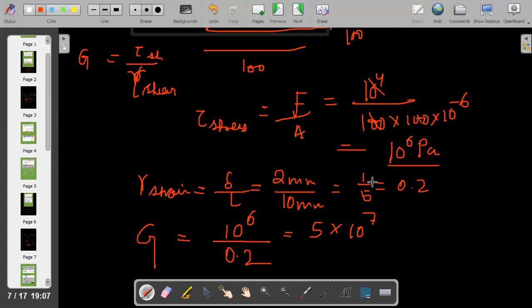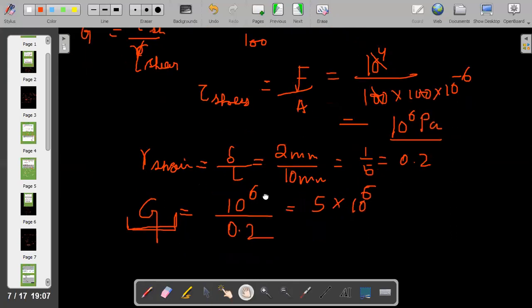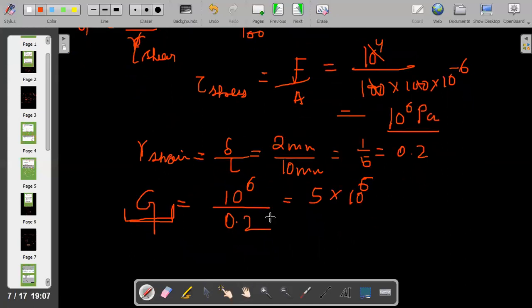What will be the dimension of G? It will be Newton per meter square, Pascal, because it is stress by strain. The unit of stress is Newton per meter square, but strain is dimensionless.